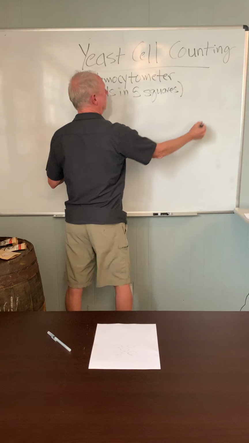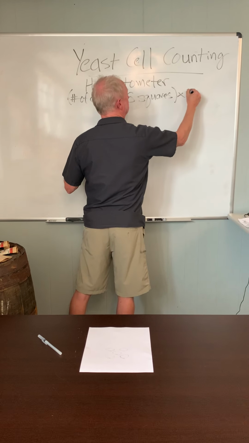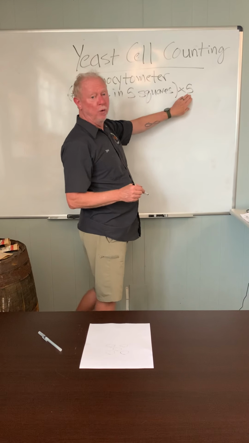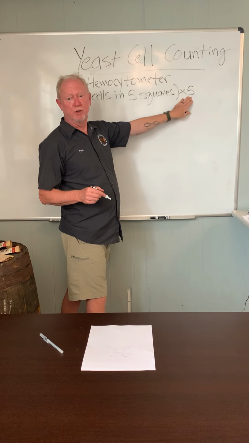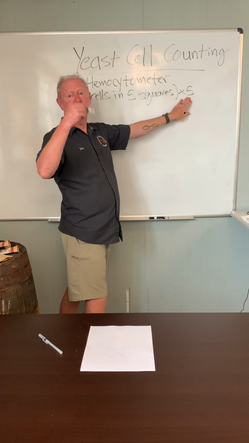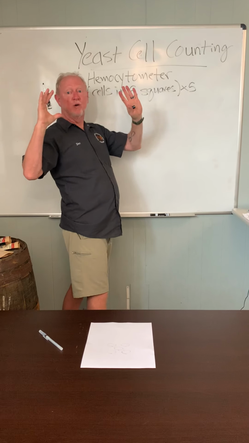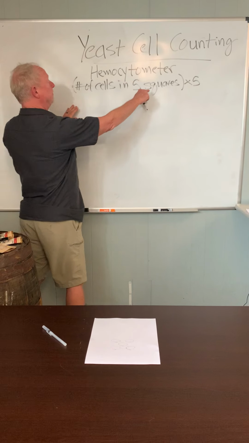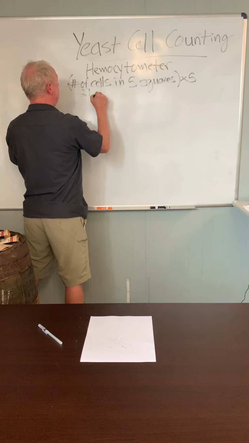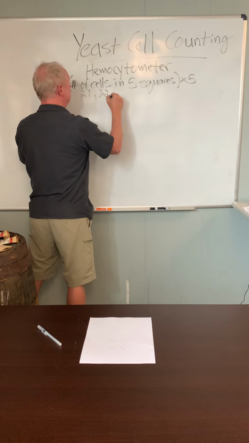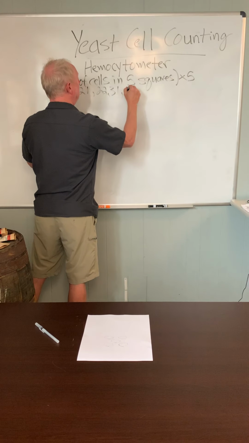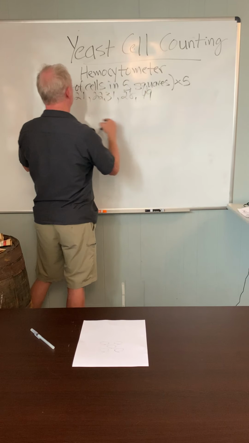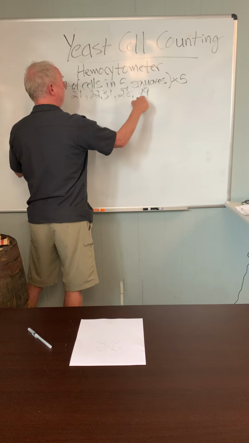All right, then we're going to take that and multiply that times 5. Okay, 5 is our constant because we multiply times 5 because there's 25 squares in that big square. So we're going to count them all, but we're only counting 5 of the squares. So we're going to count the number of cells in 5 squares. So let's say it was 21 in one of them, 22 in the other one, 31 in another one, 28 in one, and then 19 in the other. 1, 2, 3, 4, 5.